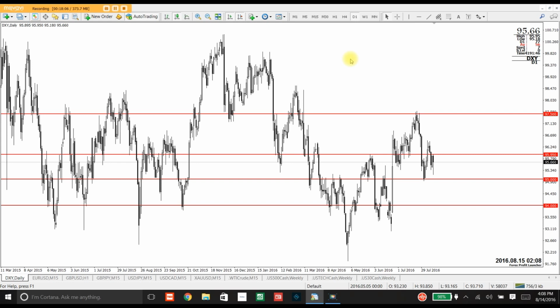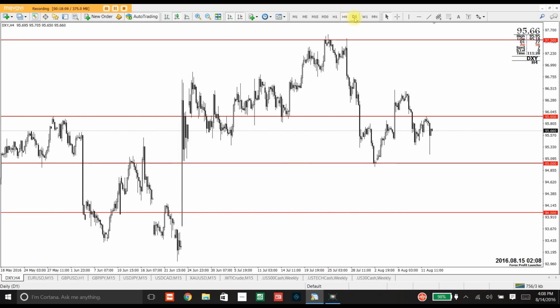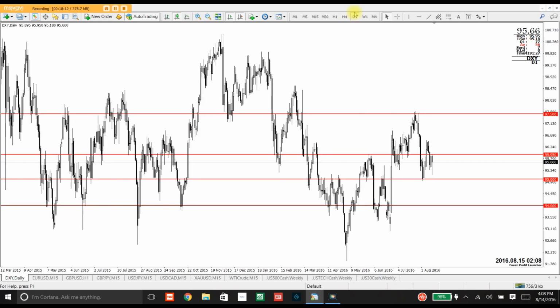So what you want to look for is, in a down market, which is what we see right here, support to be broken and resistance to be respected. And we see that here.